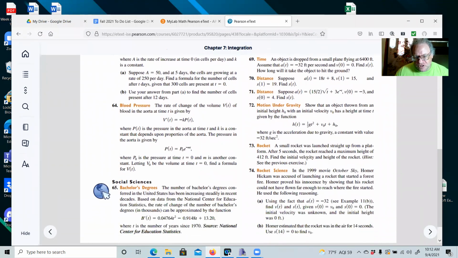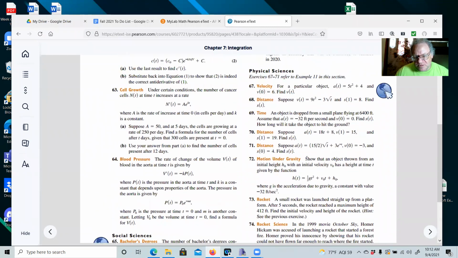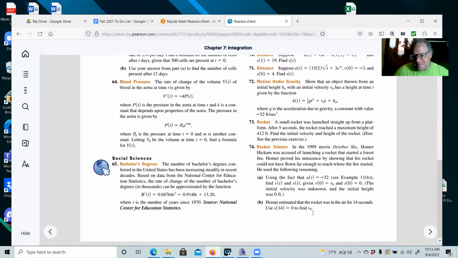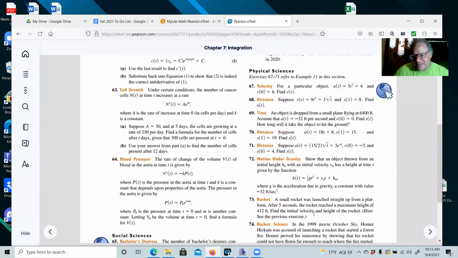So my choice of problems, especially word problems, is something on the science side. I'm not saying it can't ever happen, but I tend to choose the science problems simply because that tends to be your majors.